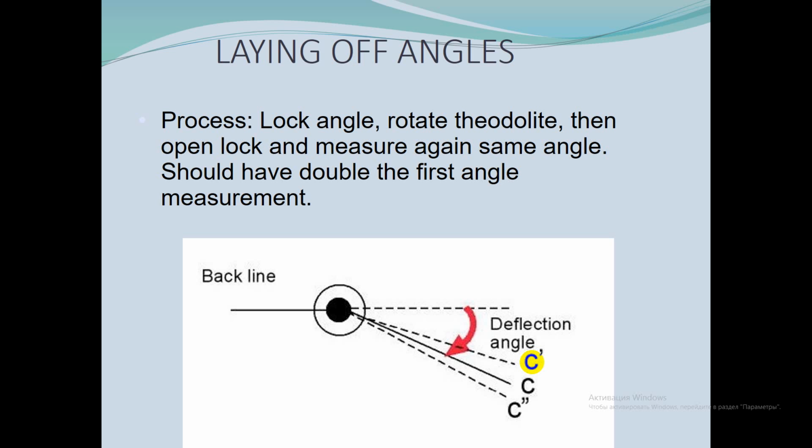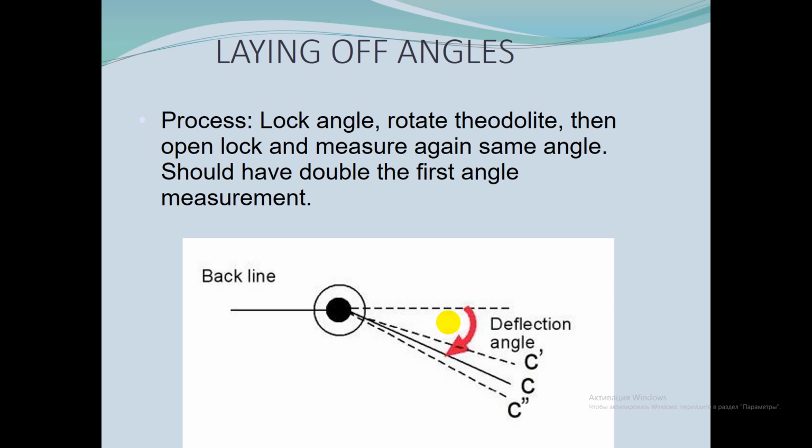If the line doesn't cross C1, you mark a C2, and the instrument operator gives a sighting on the correct point C, which is midway between C1 and C2.